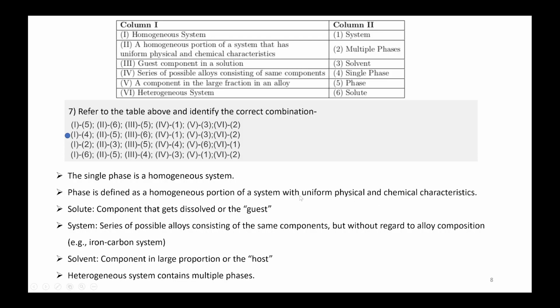So that will be a single phase. Solute will be a component that gets dissolved. For example, in case of steel, you add carbon, that will be your solute. And solvent will be your component in large proportion, so iron in steel will be your host. System will be a series of possible alloys consisting of the same components but without regard to the alloy composition, such as iron carbon system, copper nickel system, etc.